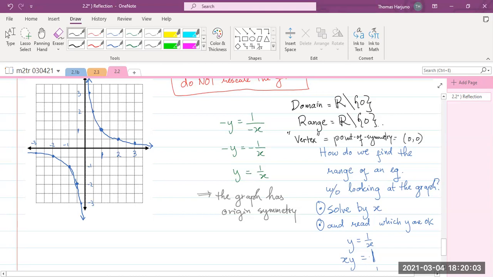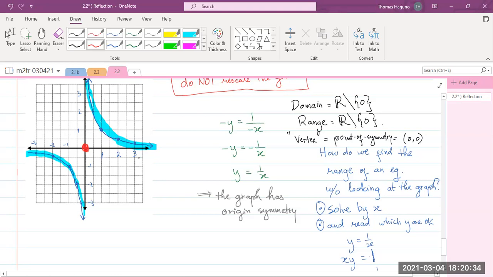But notice that the origin is not part of the graph. It just gives us the idea that they have this symmetry. Once you finish graphing, you rotate this and you will get this one here. If you rotate around this point for 180 degrees, you will get exactly the same graph.